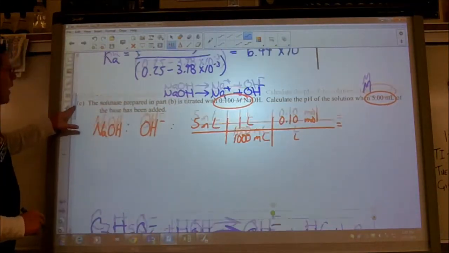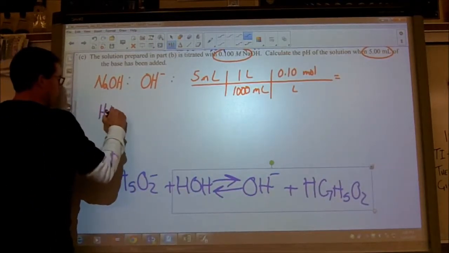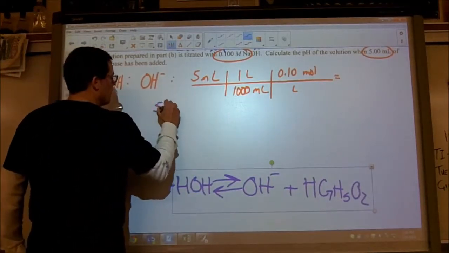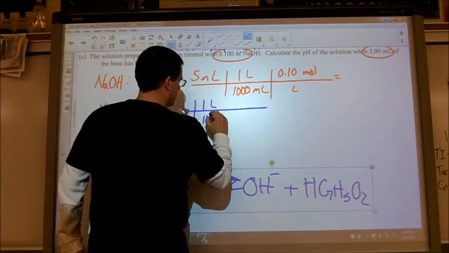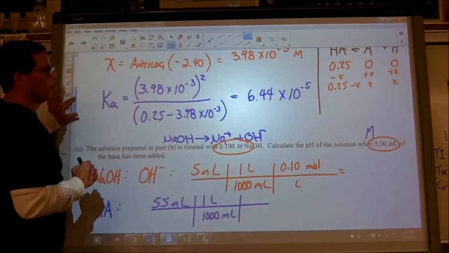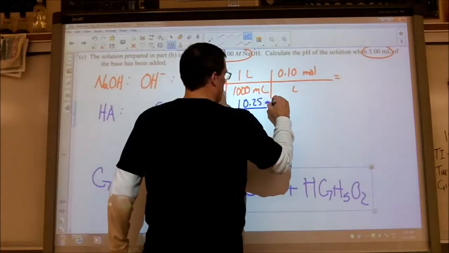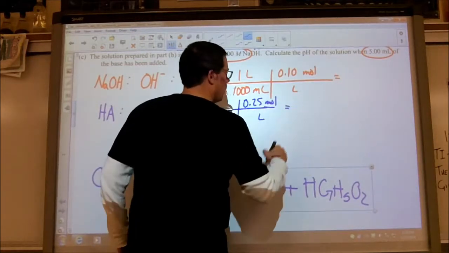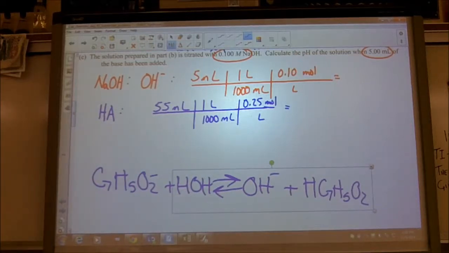And then with the acid, we have 55 milliliters. So I'm just going to go HA. Do we have to show that chart? Yes, I want to see this. And the graders want to see it as well. They don't want just magic numbers to show up from out of nowhere. Okay, so let's get our moles here, and then I'll ask another question.